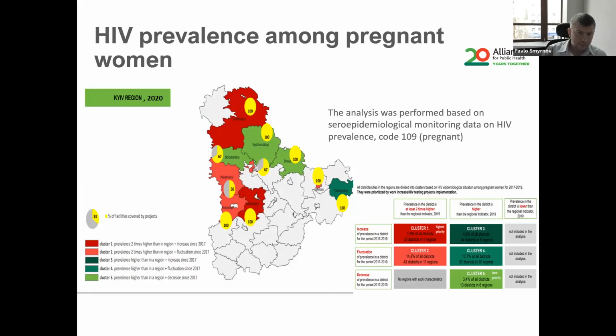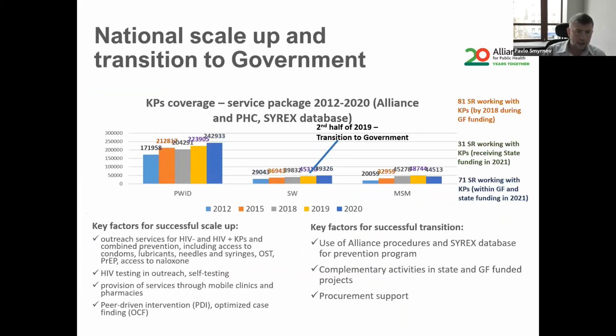Next. Also, I wanted to highlight that we have successfully transferred to government funding in the second half of 2019. We had quite high coverage supported by the Global Fund. And of course, all those years, we've been advocating for government support, at least for the basic package.